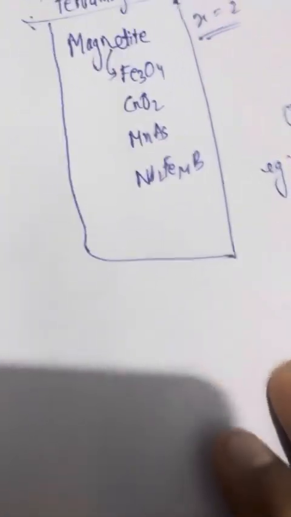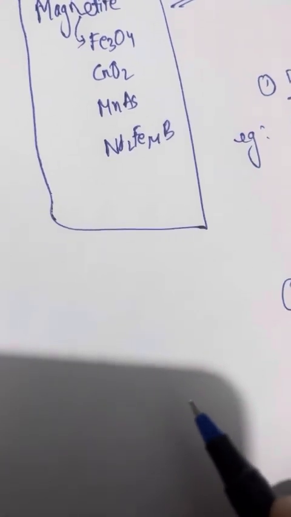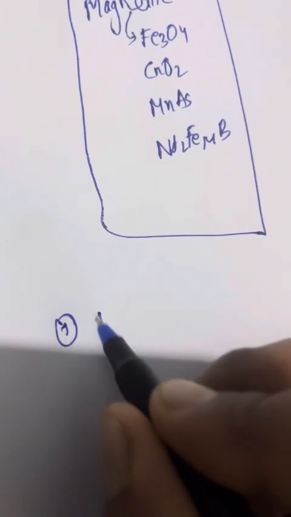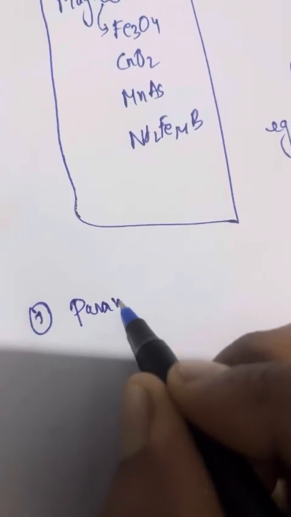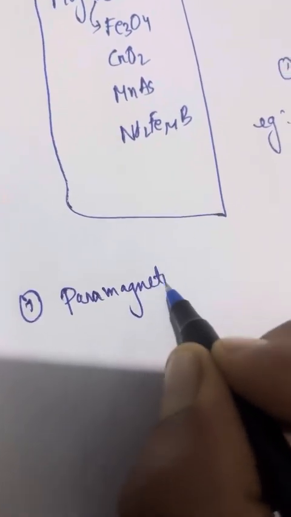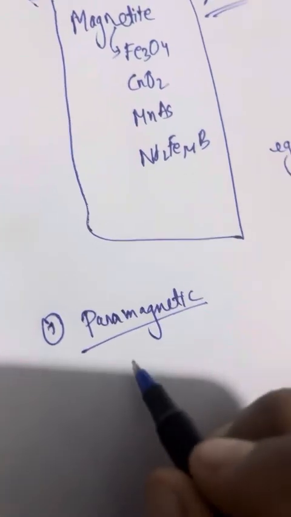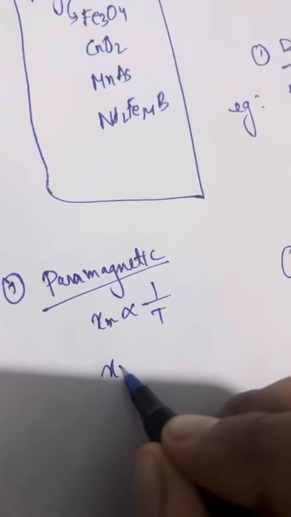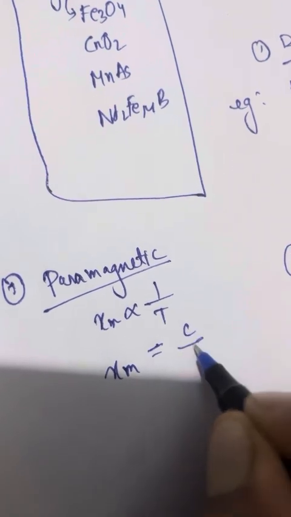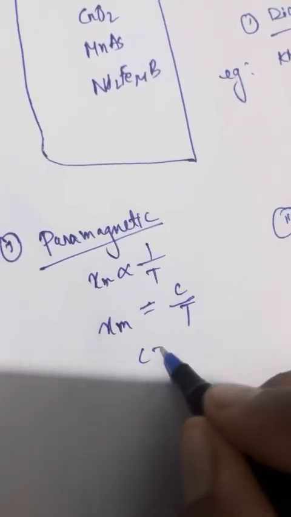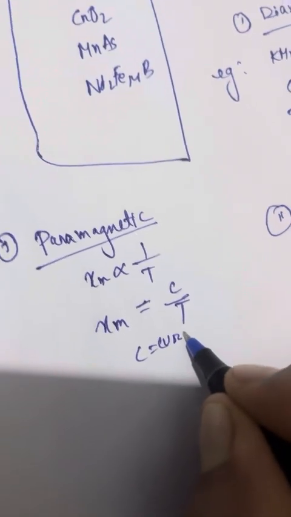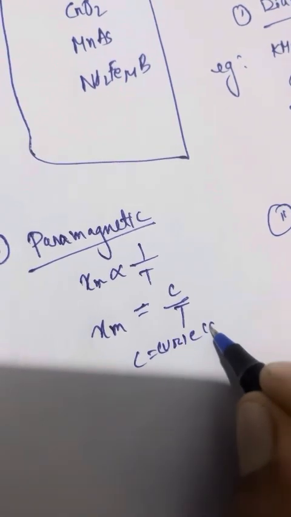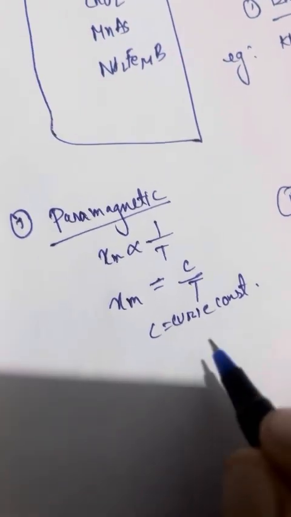Now you should remember the other concept, molar magnetic susceptibility. For paramagnetic, as I have already told, xm is inversely proportional, 1 by T. So xm equals C by T, right? What is C? C is the Curie constant.